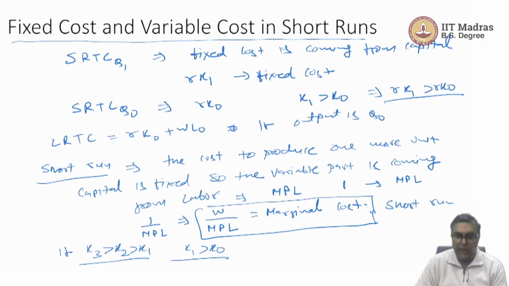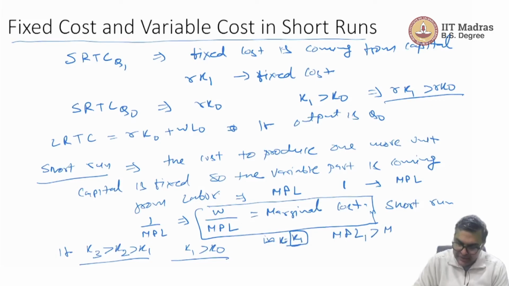If we have a higher amount of capital, and capital complements labor, it means that in the presence of capital, labor has higher productivity. We can say that if capital is fixed at K1, MPL is going to be higher than MPL naught.